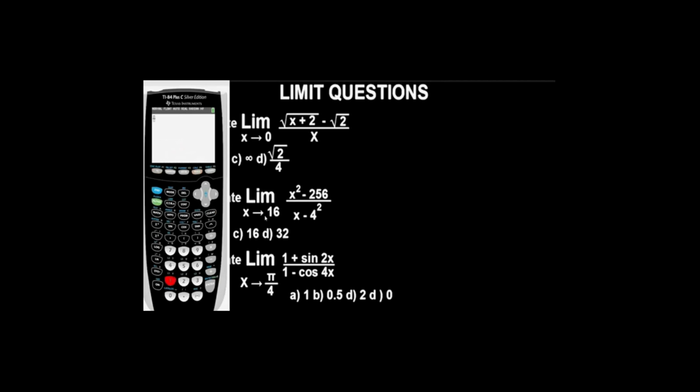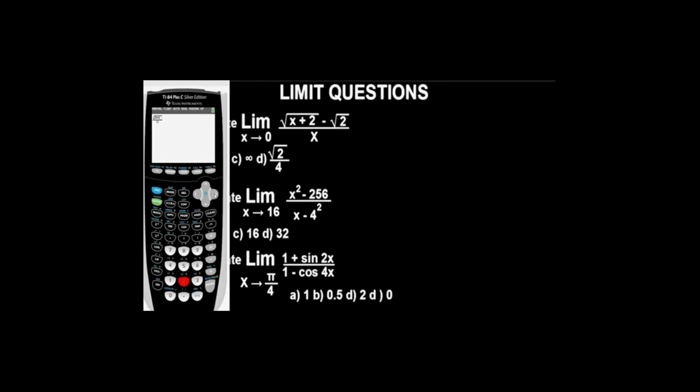Okay, so we have square root of x plus 2. To bring out the square root sign, press second and this button, it will come out. So we have x plus 2. Once you do it, you go forward by putting a negative sign.